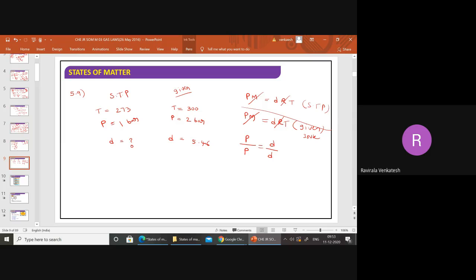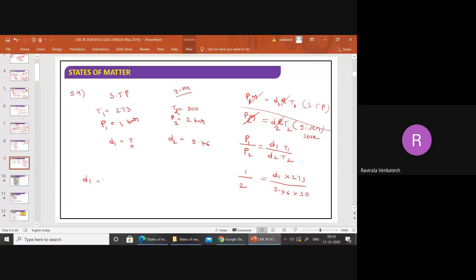So we take P1, D1, T1 for STP and P2, D2, T2 for the given conditions. P1 is 1, P2 is 2, D1 we have to calculate, T1 is 273, D2 is given as 5.46, and T2 is 300.